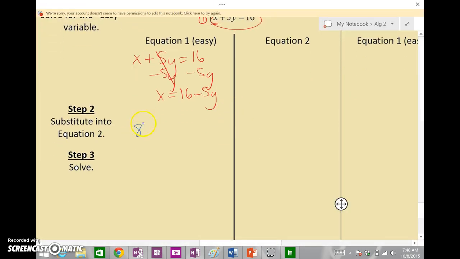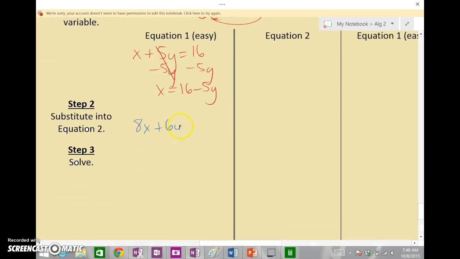So I'm going to take my second equation, 8x plus 6y equals negative 8, and substitute into x, because this here is equal to x. So I can just substitute it for the x in the other equation. Now I'm going to substitute 16 minus 5y. See where that came from. Plus 6y equals negative 8.